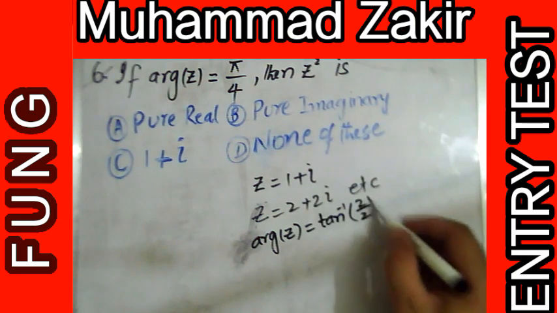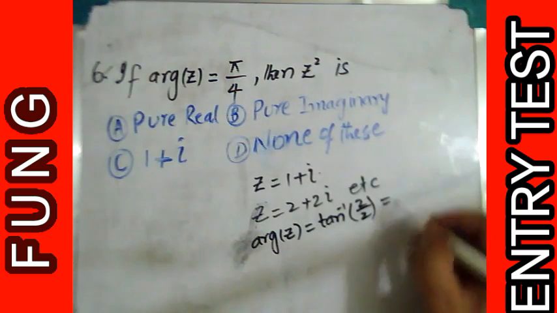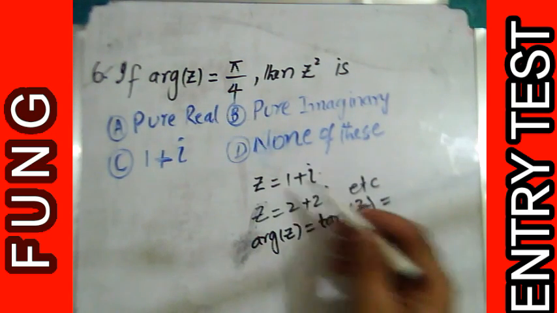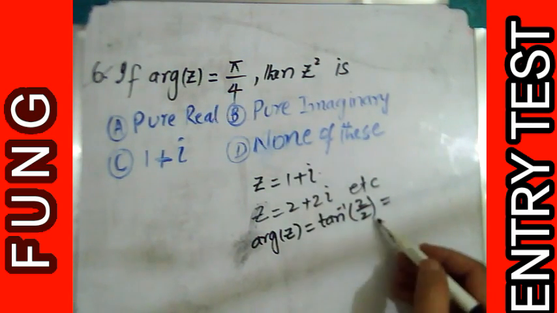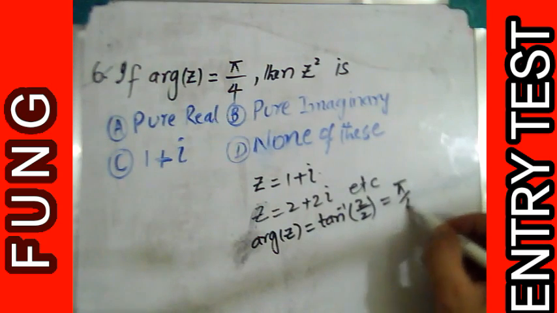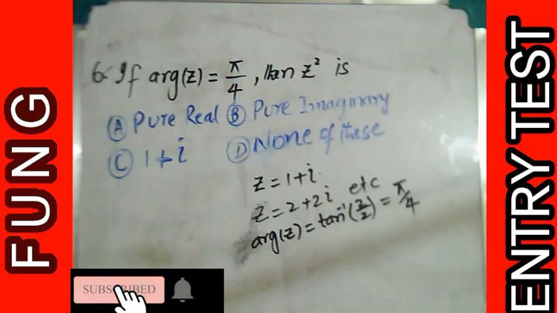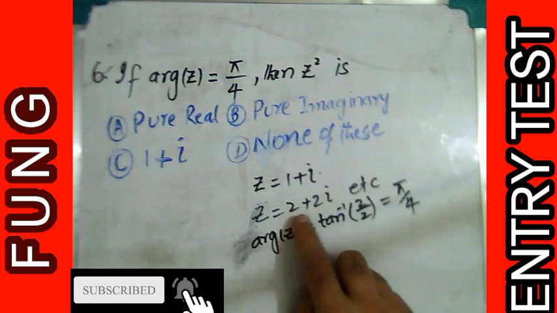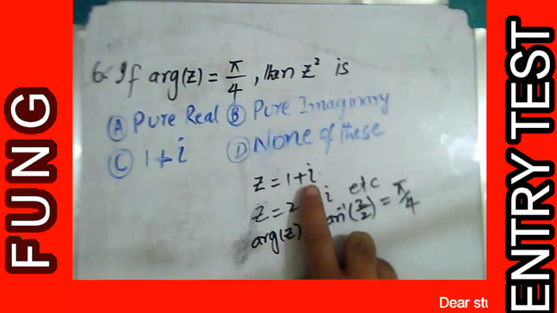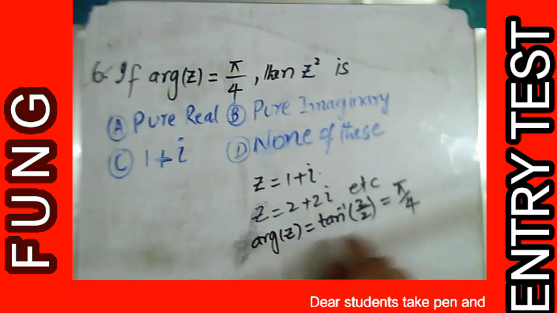Imaginary is 2, real is 2; imaginary is 1, real is 1. So it will be 1 finally. Whatever it is, if these two are equal, it will be 1. Tan inverse of 1 is pi by 4. So we must know that when real and imaginary parts are equal, then the argument is pi by 4.